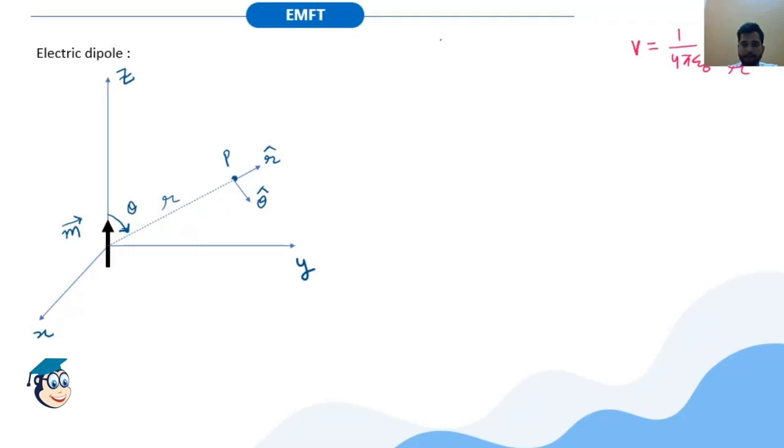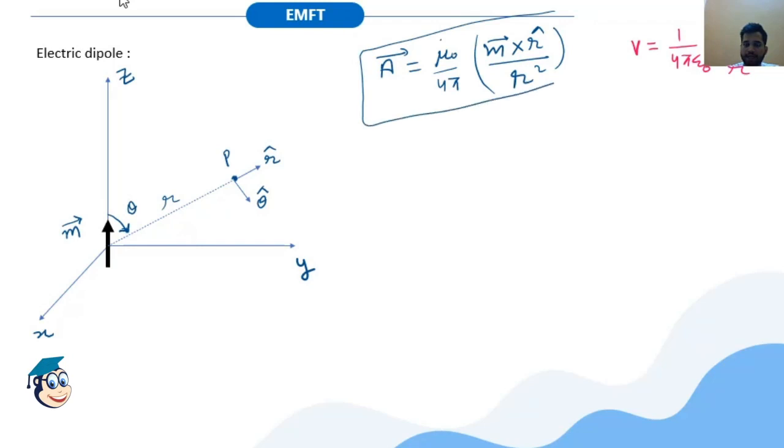But here we have the magnetic vector potential, which is given by mu naught over 4 pi. We know 1 over 4 pi epsilon naught is replaced by mu naught over 4 pi in magnetostatics, and P dot r cap is replaced by m cross r cap. You need a vector over here, divided by r square.